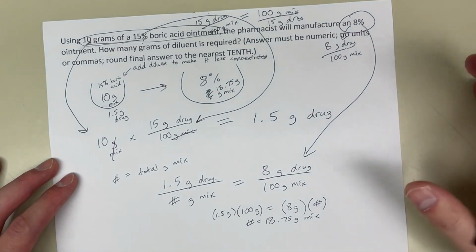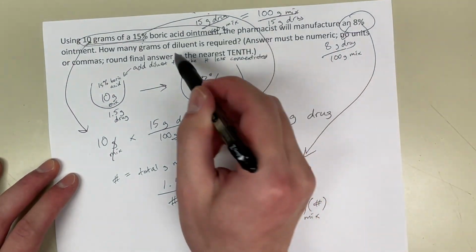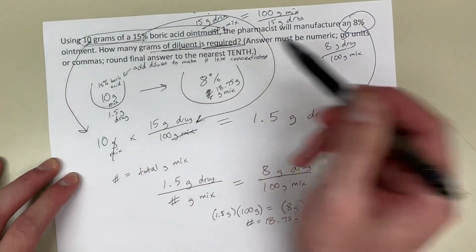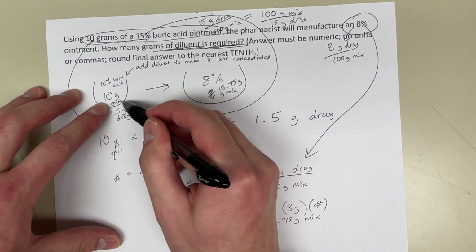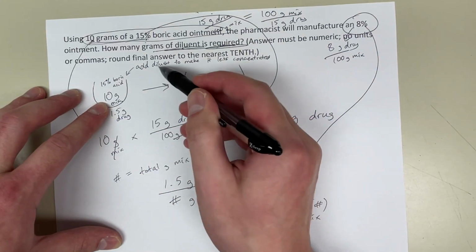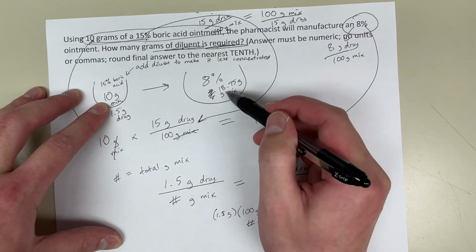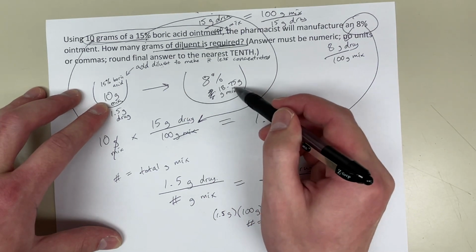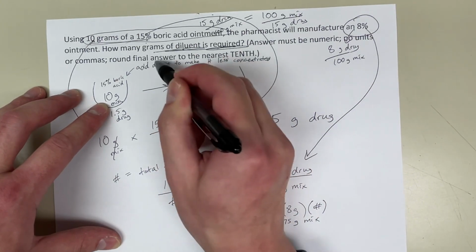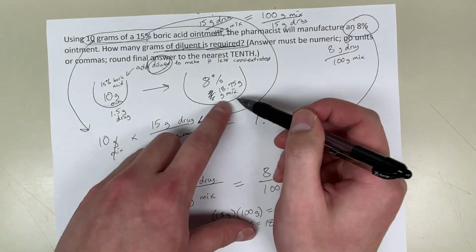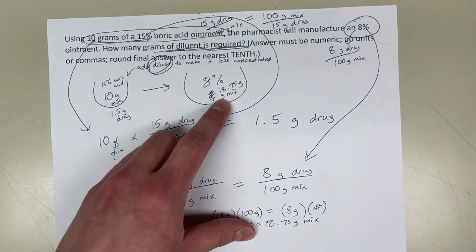I'm not done yet. Realize that the question is specifically asking how many grams of diluent is required. So remember, you started off with 10 grams of mixture, and then you're adding the amount of diluent to make it 18.75 grams total. The question is asking for the diluent.